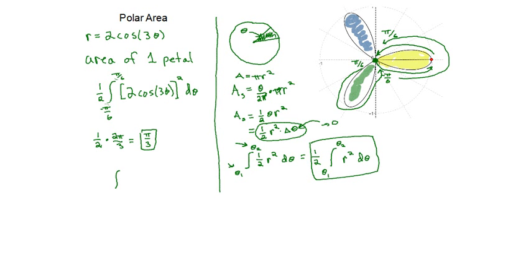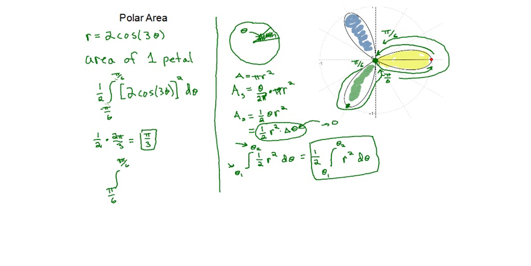Pi over 6, 2 pi over 6 would get you to here, 3 pi over 6 would get you back to the center. So you could do the integral from pi over 6 to 3 pi over 6, which is just pi over 2. I'll write it as 3 pi over 6, that probably makes more sense.